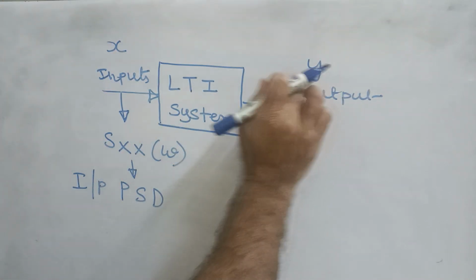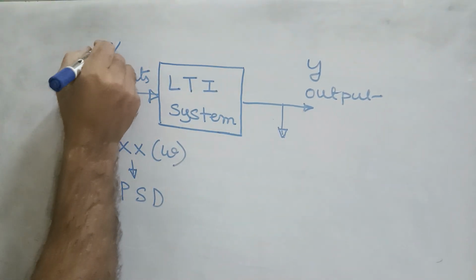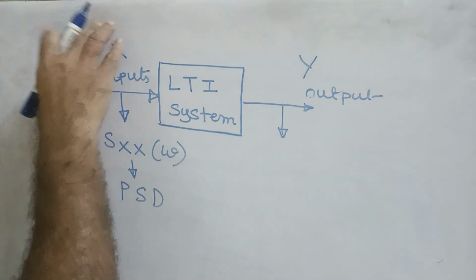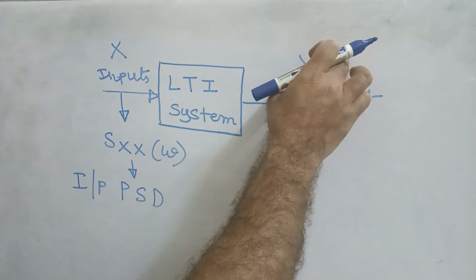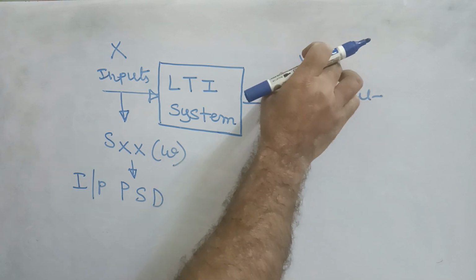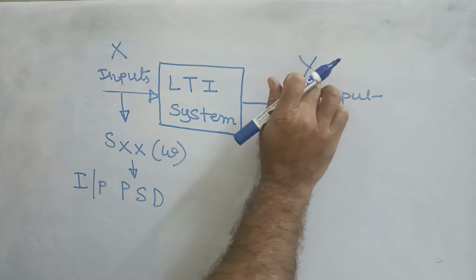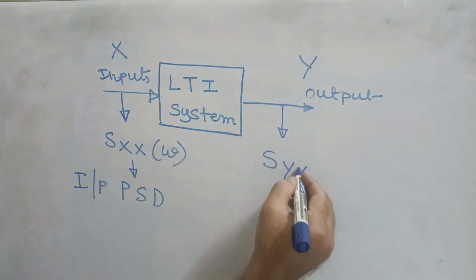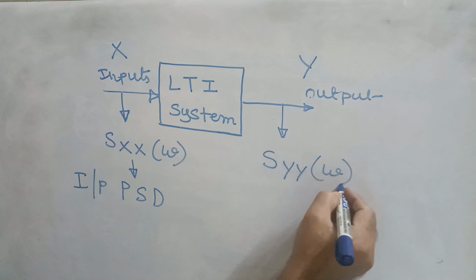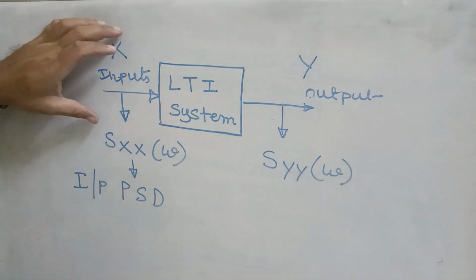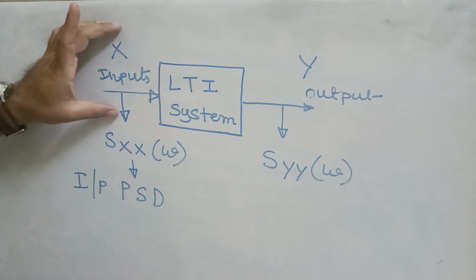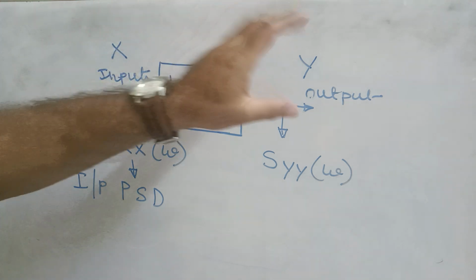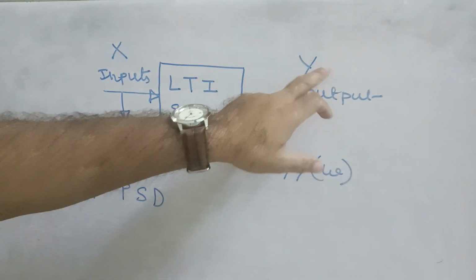Similarly, my output random variable is capital Y. This is my input, and correspondingly the output random variable is Y. What is the output power spectral density? Obviously, S yy of omega. Any doubts? I am taking x as my input random variable, and for this input x, I am defining the output random variable as y.